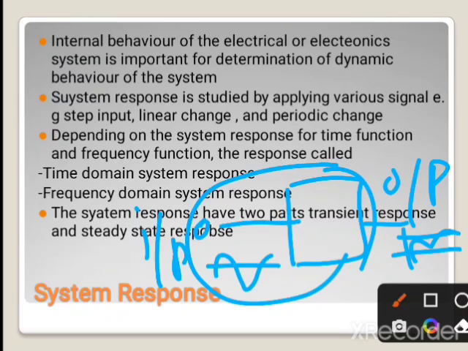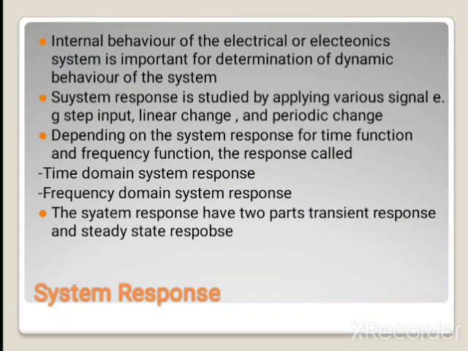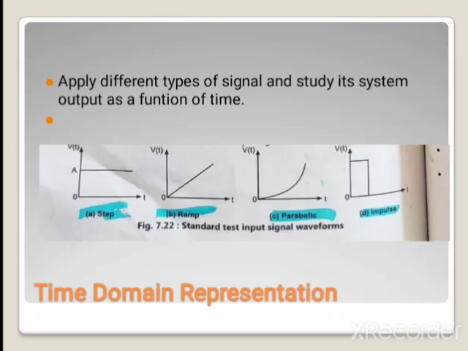Now depending on the system response for time and frequency function, suppose this is a time function, then at the output we get time domain system response, or if it is frequency function, then at the output we get frequency domain system response.